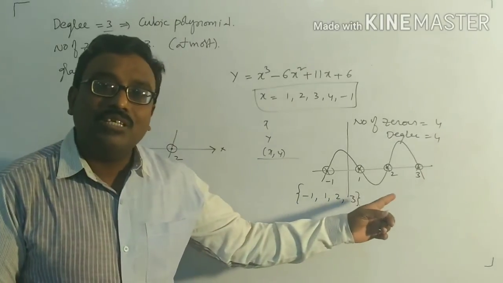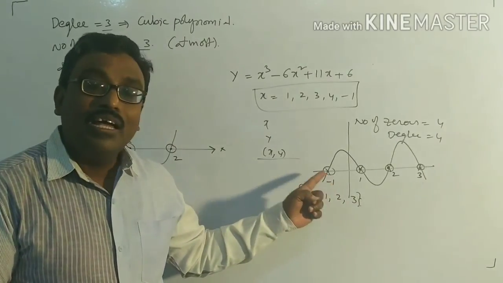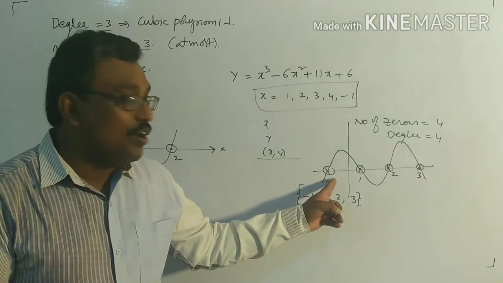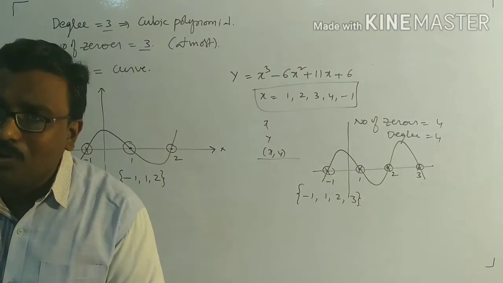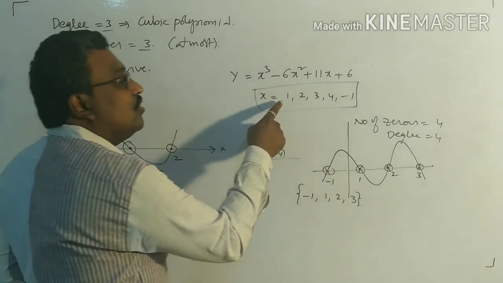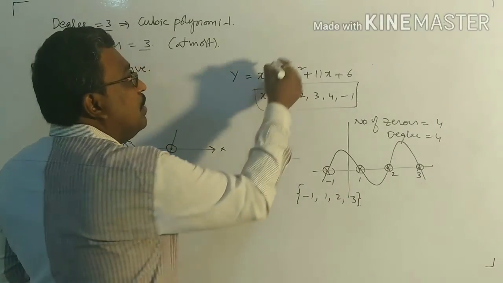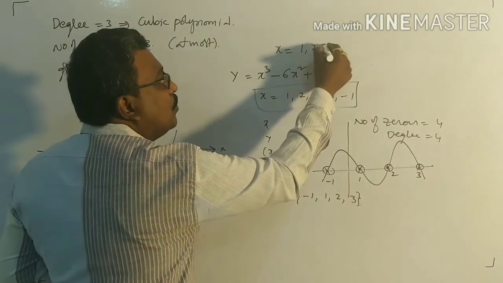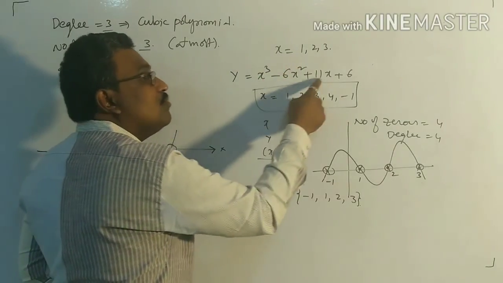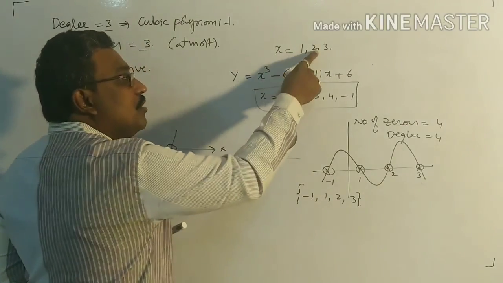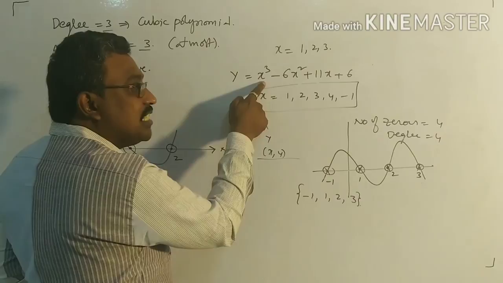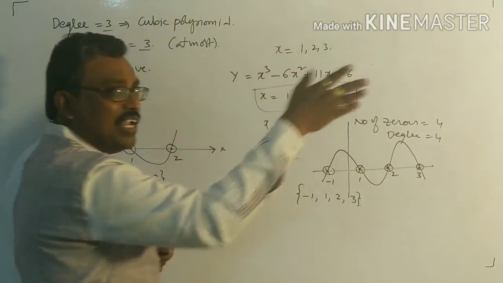And how do we find the number of zeros and what the zeros are? Where the curve intersects the x-axis, that is the number of zeros. That is the zero of the polynomial. What is meant by zero of the polynomial? Suppose here, for this equation, 1, 2, 3 are the zeros. If you take x minus 1, then the y value will become 0. If you take x minus 2, then the y value will become 0. If you take x minus 3, then the y value will become 0.